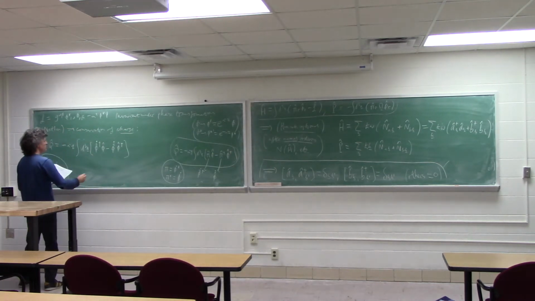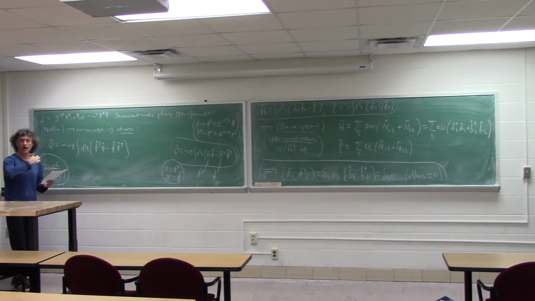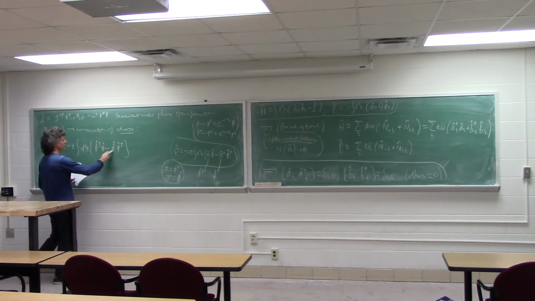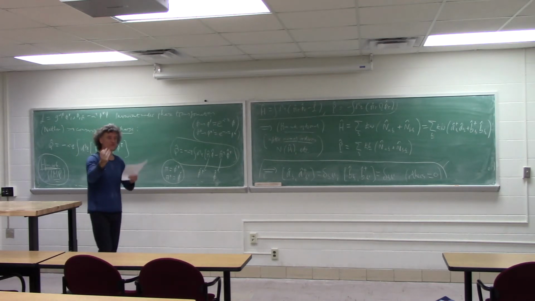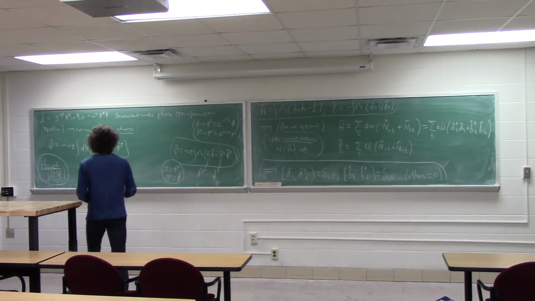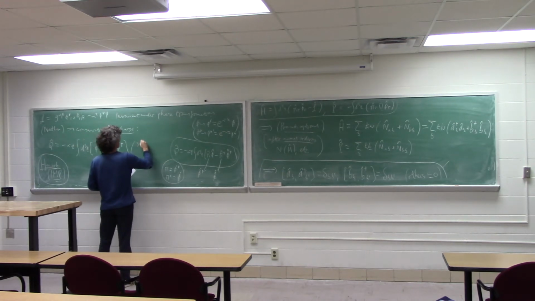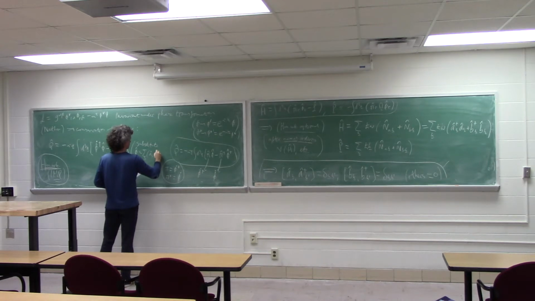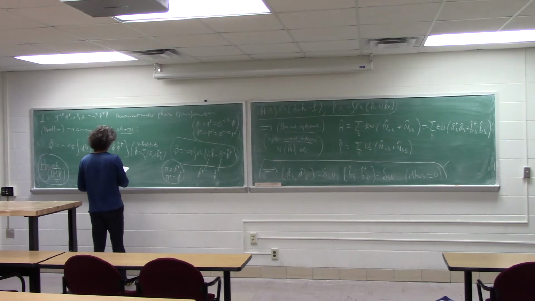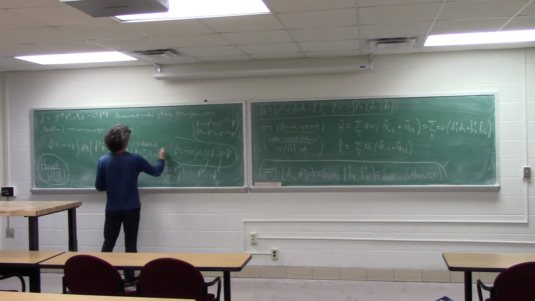Remember we have field expansions for phi and phi dagger in terms of plane waves, written in terms of the A's and the A daggers, and B's and B daggers.